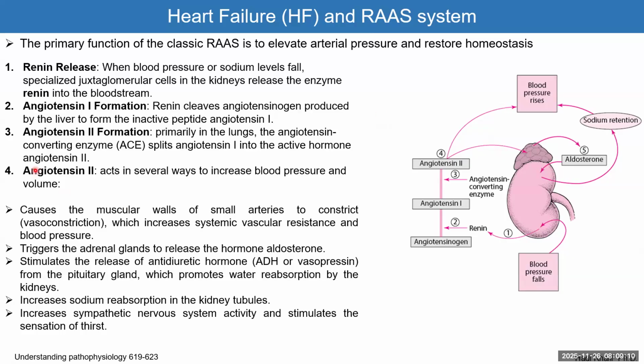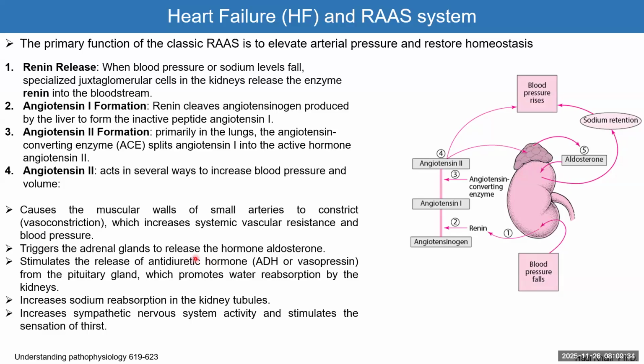And for angiotensin 2, this is the golden hormone in this system. Once it's activated, I listed for you what I just said and how it could lead to the decrease of the blood pressure. We mentioned the sodium. We mentioned triggering the aldosterone.